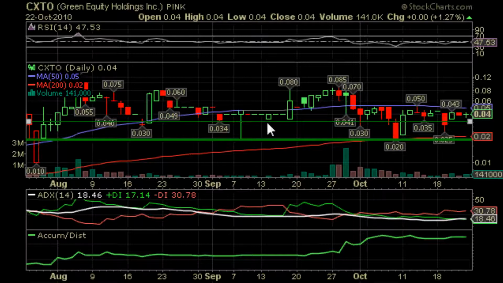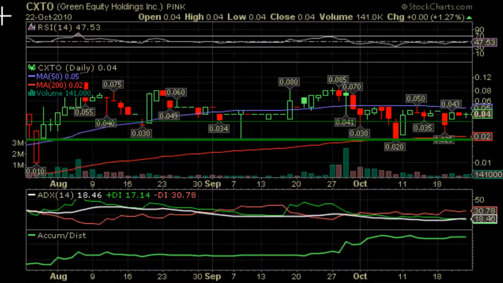So 0.03 is actually going to be the first line of support, followed by the strong support at 0.02. Now, we can see the stock has been able to break this line of support in the past, but within a couple days it has, so far as always, recovered from that area.